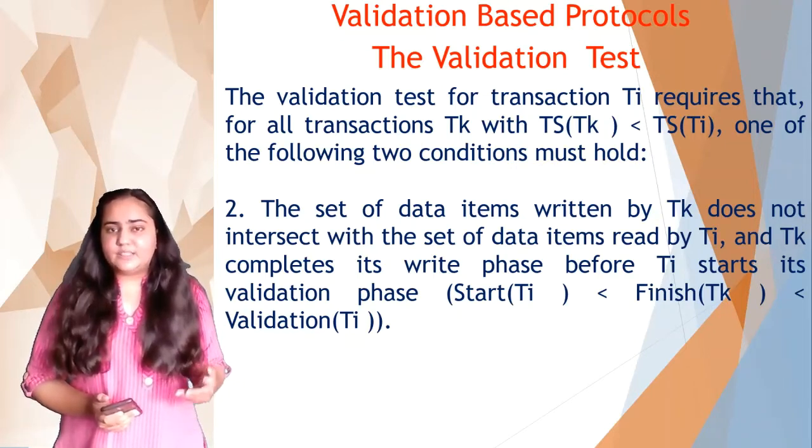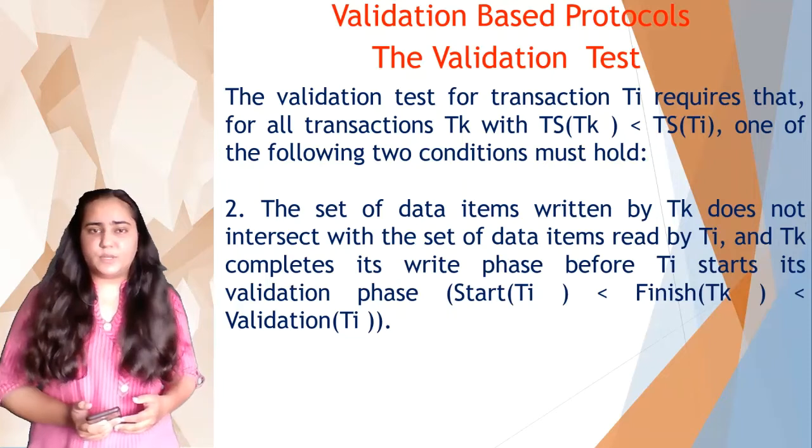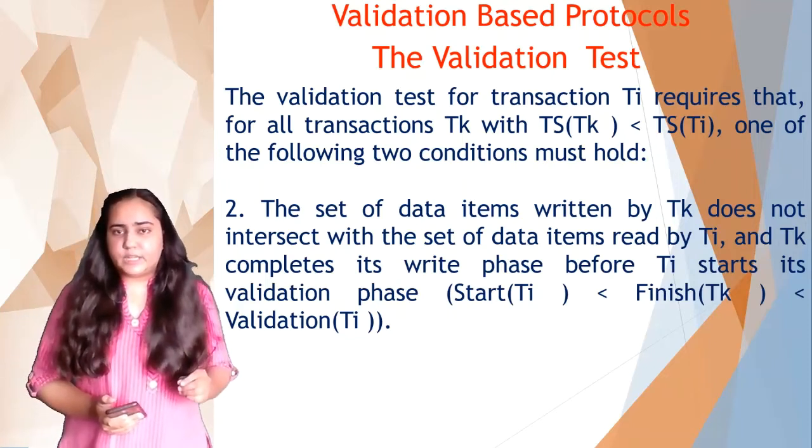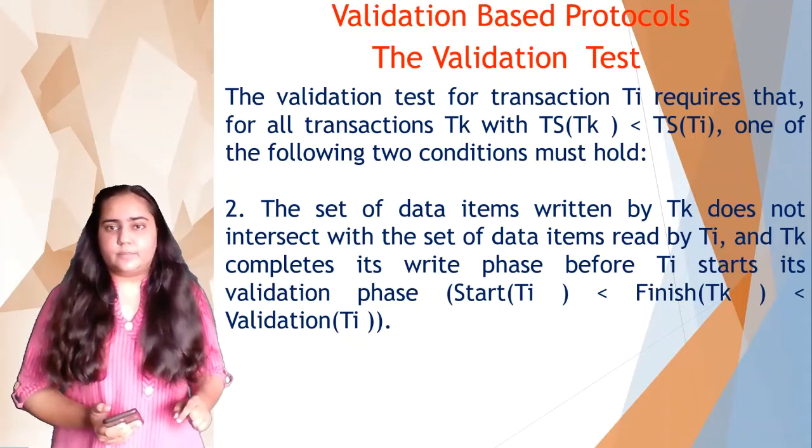And Tk completes its write phase before Ti starts its validation phase. So this is the next point, where start of Ti must be less than finish of Tk, and finish of Tk must be less than validation of Ti.